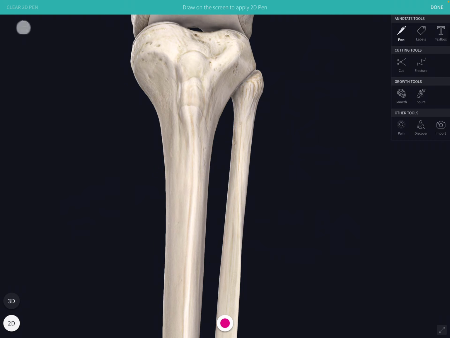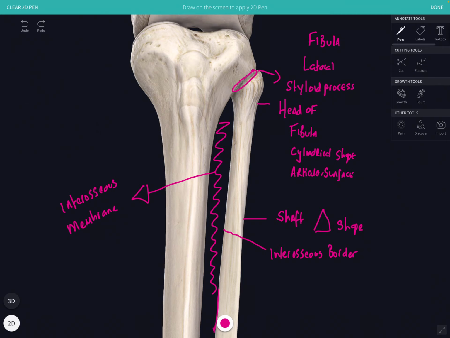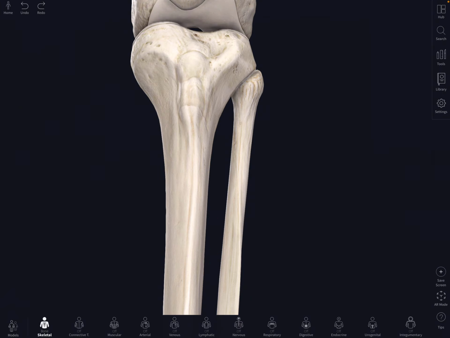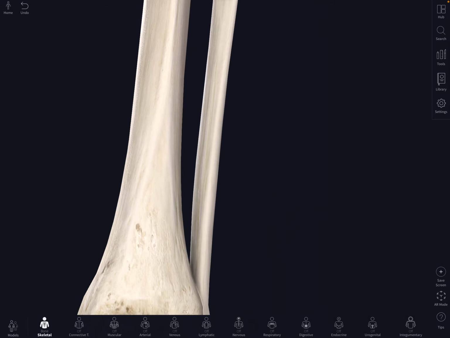So let me just get rid of those a moment. Sorry, let's just get rid of those. Clear pen. And let's come down the shaft of the fibula.